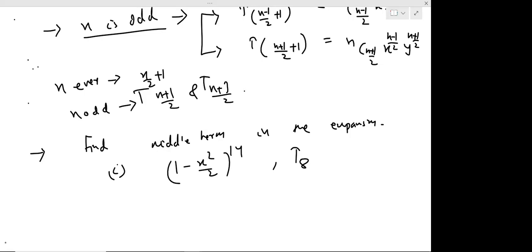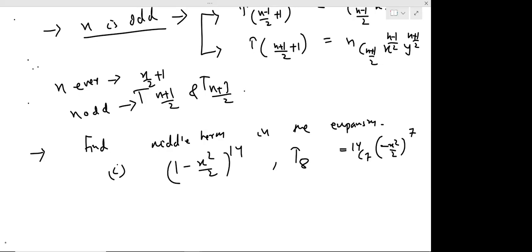What is the answer? 14C7, 1 raised to 7, minus x square by 2 raised to 7. But here you have to solve this completely.